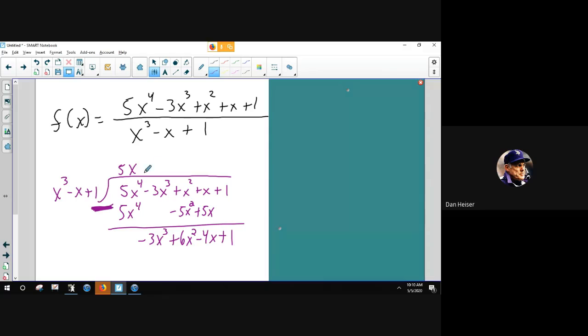Once I get the b, I'm done. I just have to figure out what the b is. Something times x cubed has to be negative 3x cubed. So what times x cubed is negative 3x cubed? Negative 3.